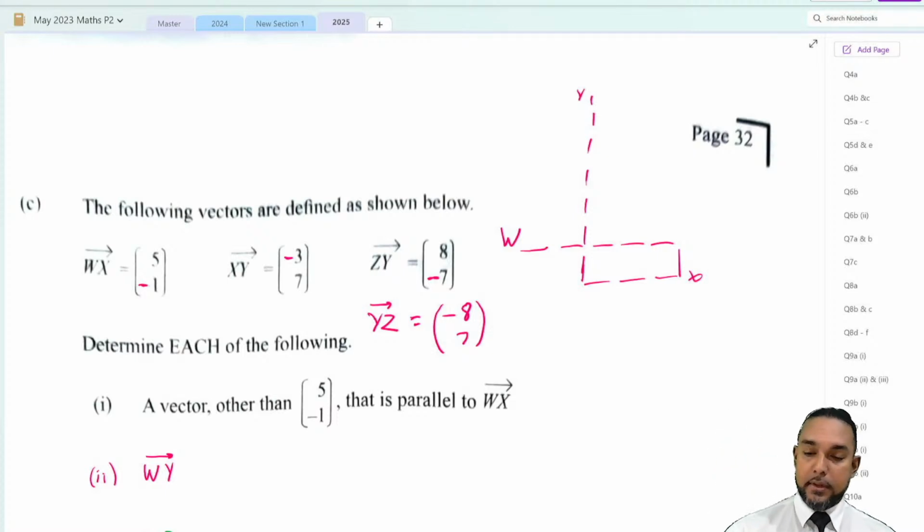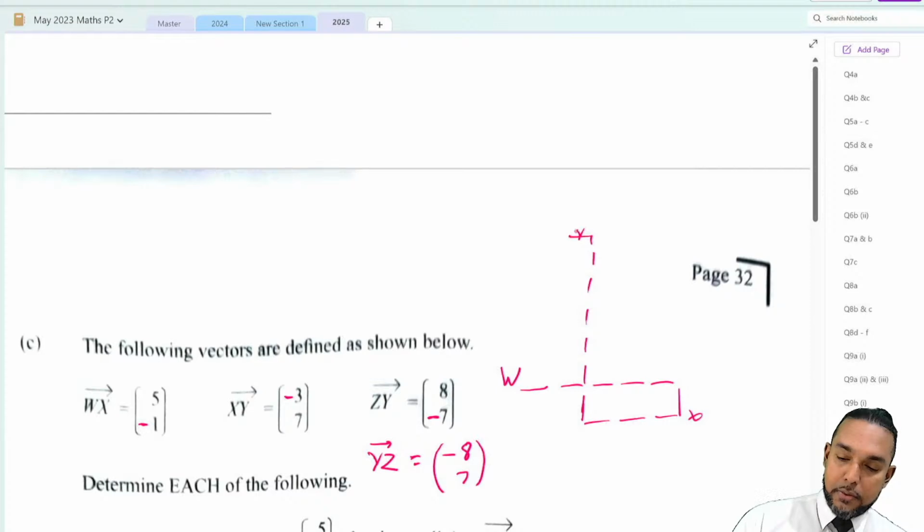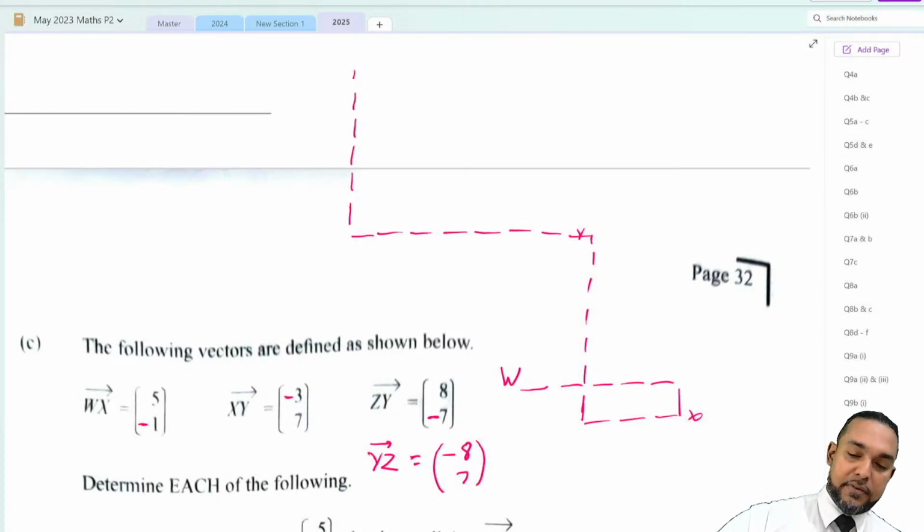To go from Y to Z, you would have to go 8 spaces to the left and 7 spaces up. So 1, 2, 3, 4, 5, 6, 7, 8, and 1, 2, 3, 4, 5, 6, 7 up. So Z would be here.